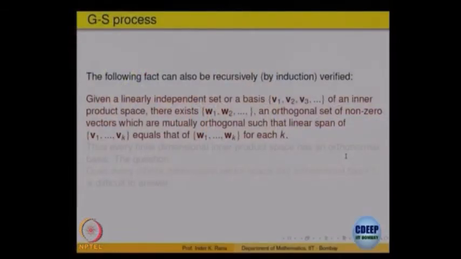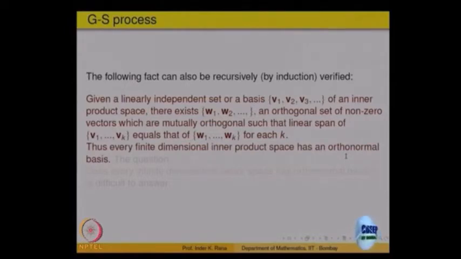So, what was the advantage of the Gram-Schmidt process? It gave you a way of finding an orthonormal basis for a finite dimensional vector space. Start with a basis, convert it into an orthonormal basis. So every finite dimensional inner product space has an orthonormal basis, because there will be some basis and I can convert that into an orthonormal one.